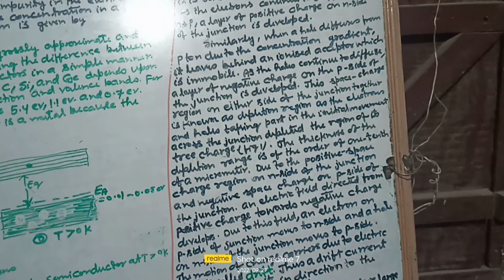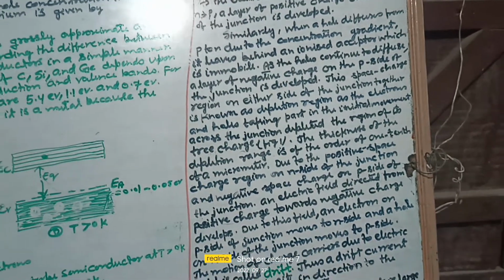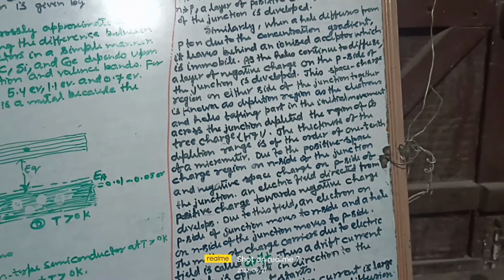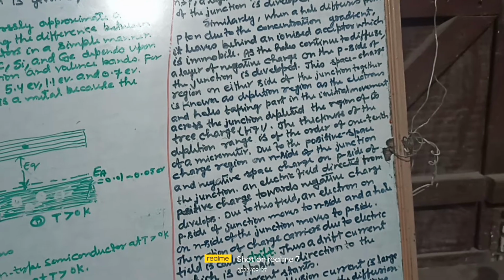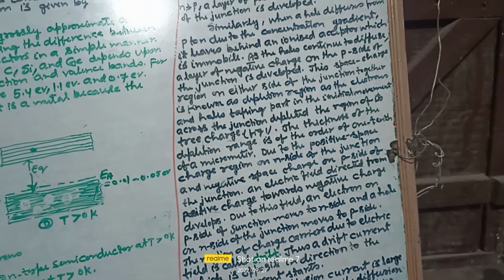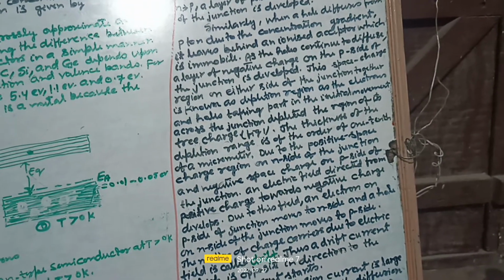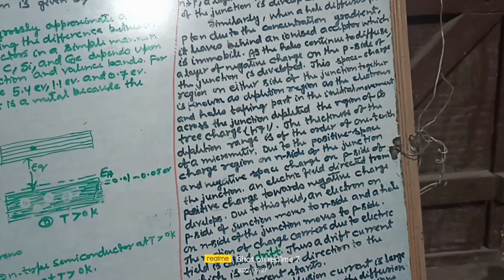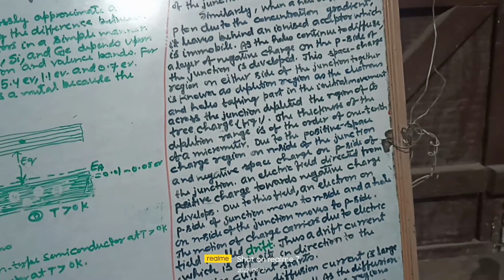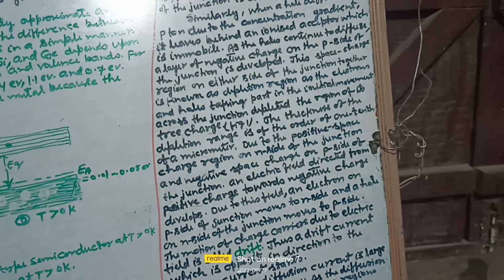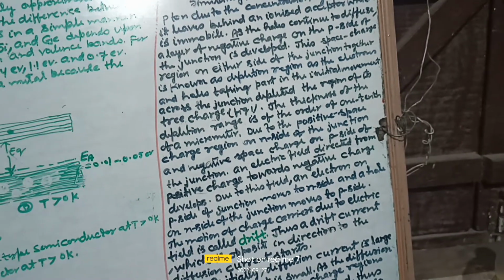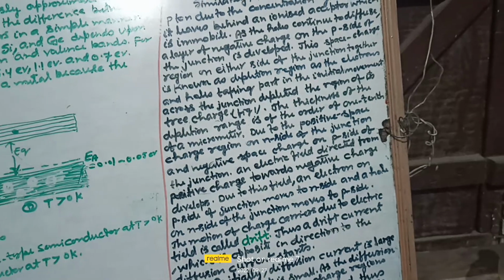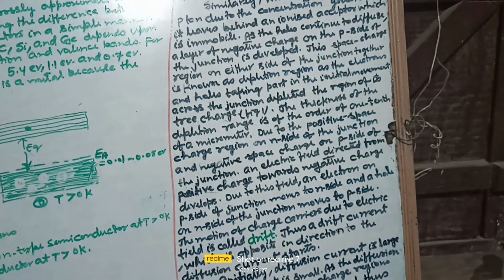As the holes continue to diffuse, a layer of negative charge on the P side of the junction is developed. This space charge region on either side of the junction together is known as the depletion region. As the electrons and holes taking part in the initial movement across the junction depleted the region of its free charge, as shown in figure 1, the thickness of the depletion region is of the order of 1/10 of a micrometer.